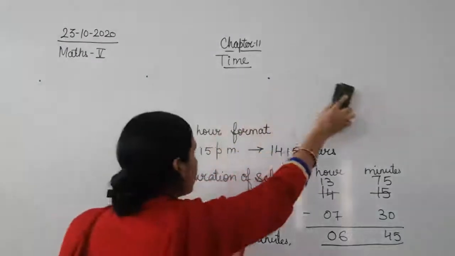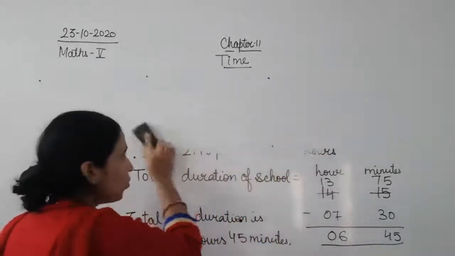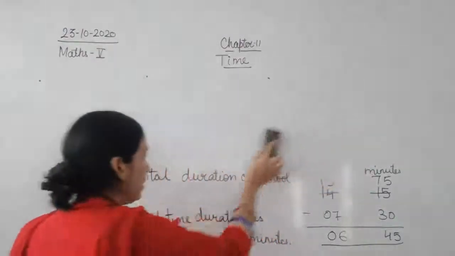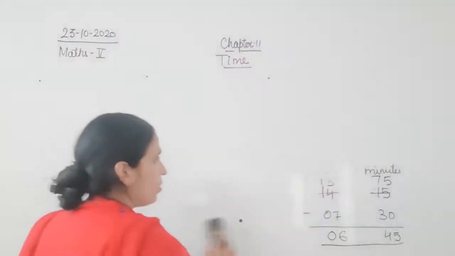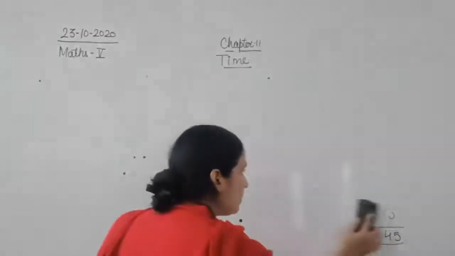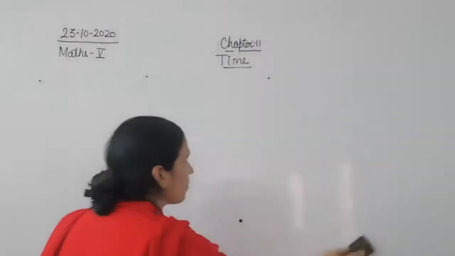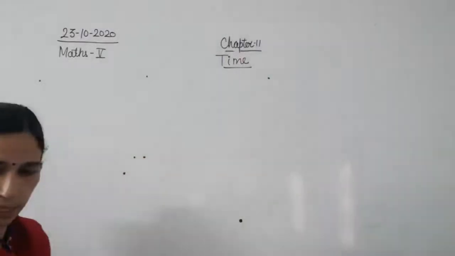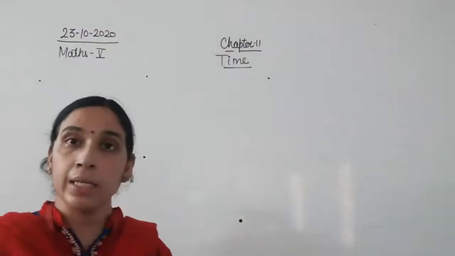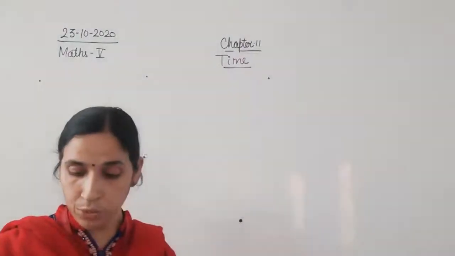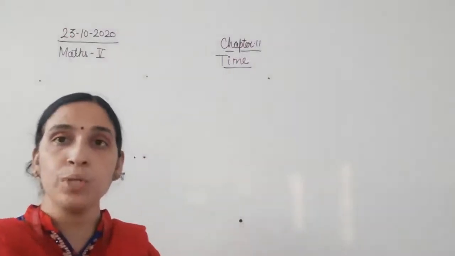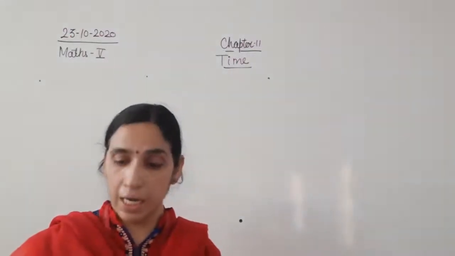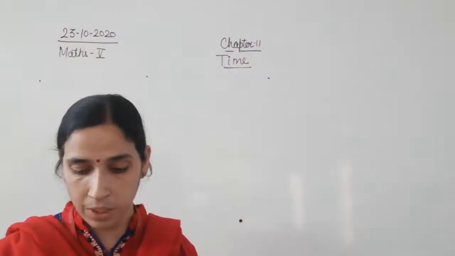In that question, you are supposed to do subtraction and then you will find the time duration. So we'll do that. Here in exercise 11.4, the first question is how to find the duration of time. Two times will be given to you and you are supposed to do subtraction.